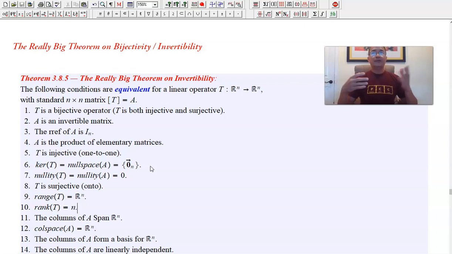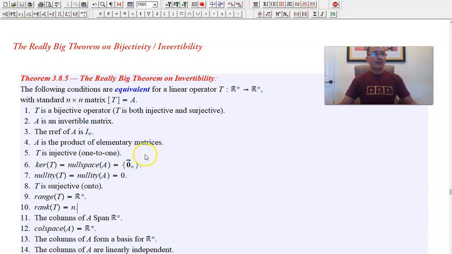Okay, and if there are no free variables, the REF has to be the identity. If it's not the identity, you run out of leading ones, you have to have a free variable. Okay, we just proved that A is invertible if and only if it is the product of elementary matrices.